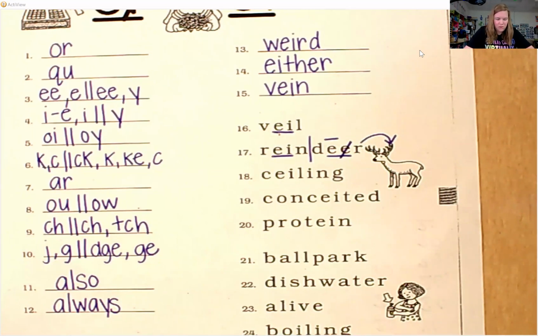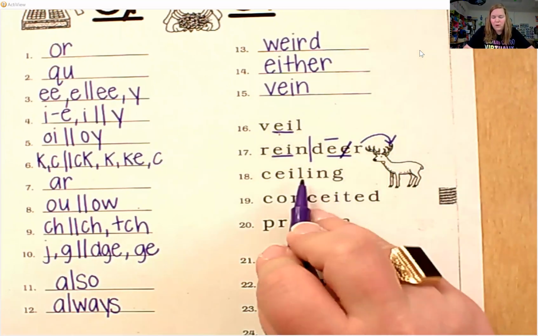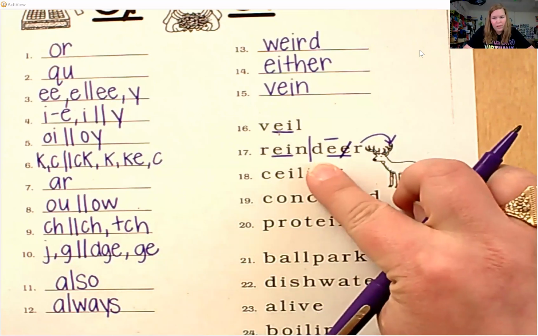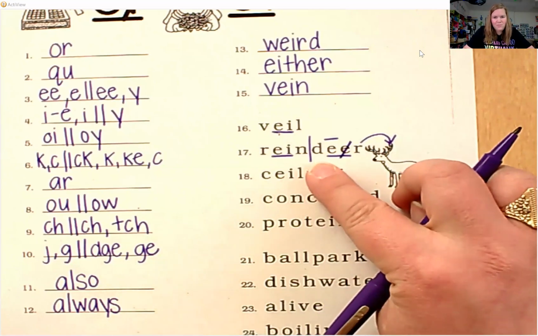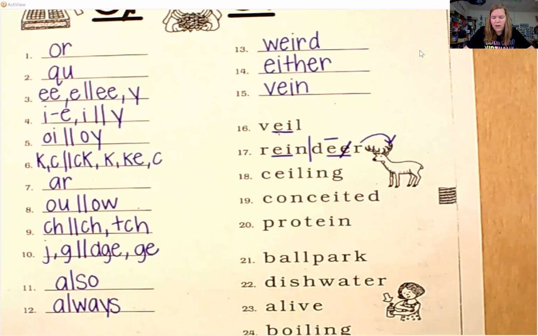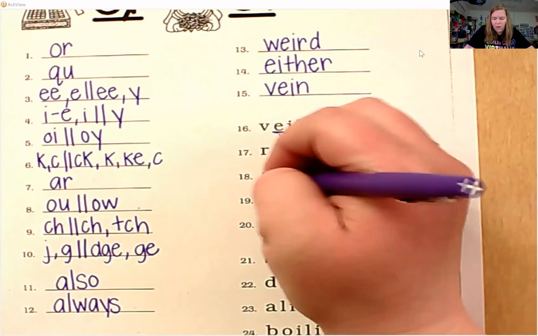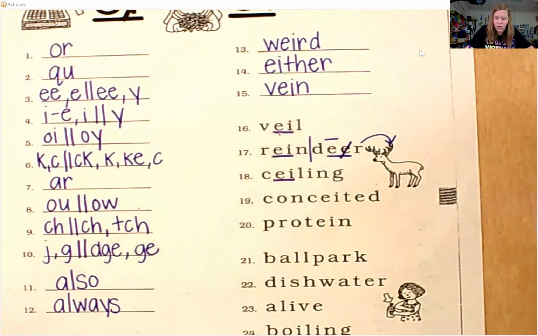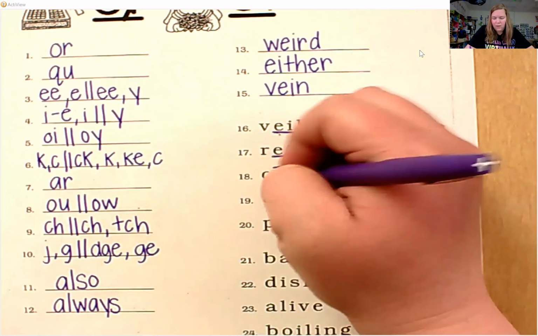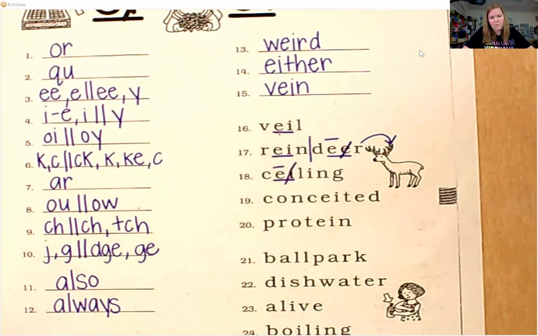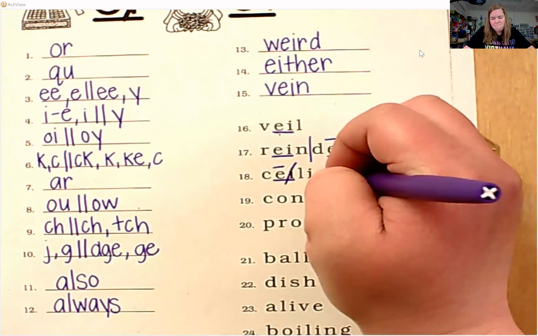I think we talked about number 18 already. It does look like we have a suffix, but if we cover that up, we don't have a root word left. Okay, so let's go ahead and code it how it is. We have digraph EI. This time the E is making the long sound and the I is silent. We have digraph NG.